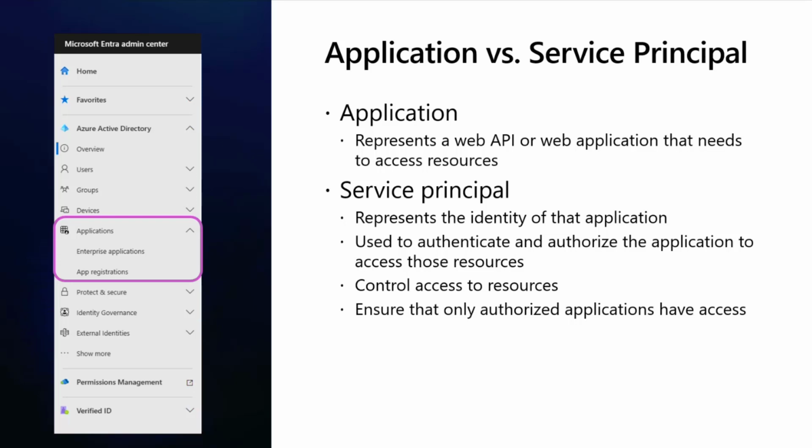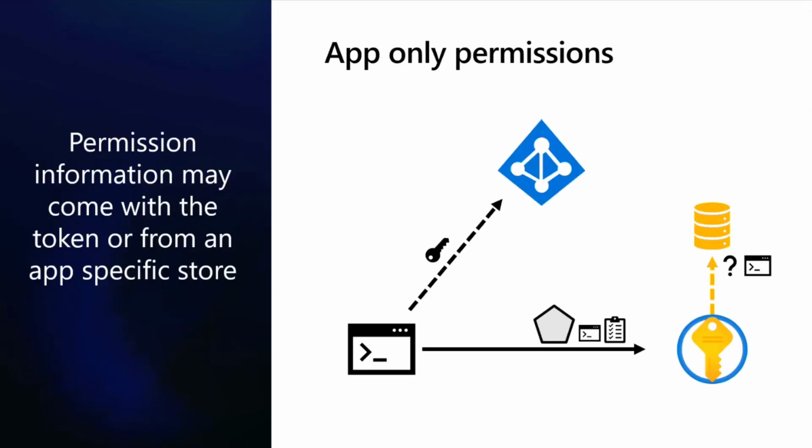And that's what we're going to do with the demos. We're going to do a lot of demos to understand how these things work and what the impact is. What about app-only permissions? App-only permissions are the way that the application gets information about who is accessing, or what the application can do on a resource application. This information may already be in the token.